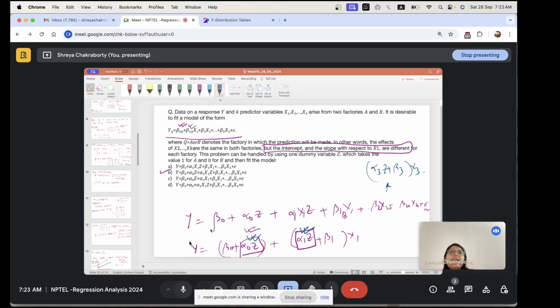Okay, and then the chronology is, after fitting a dummy variable, so we know that there are predictors which are categorical, so then we go and find out how to model them. First thing is, how many categories do they have?